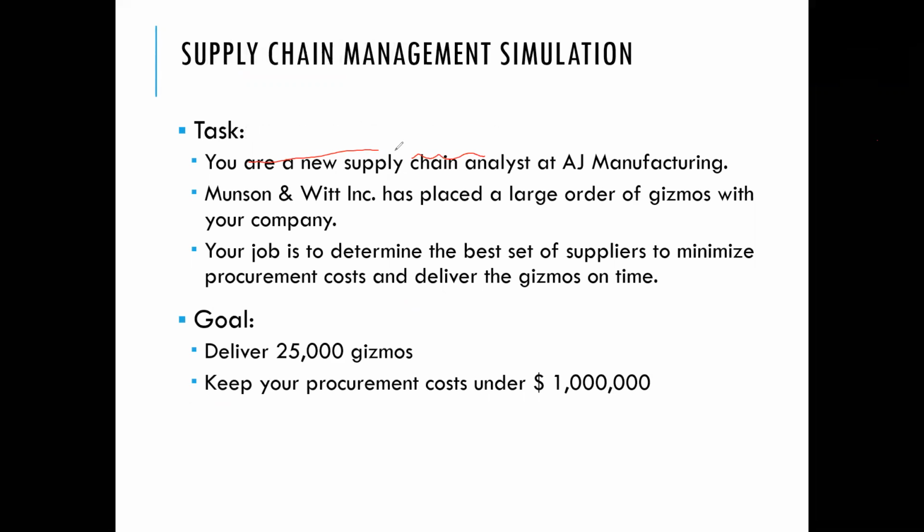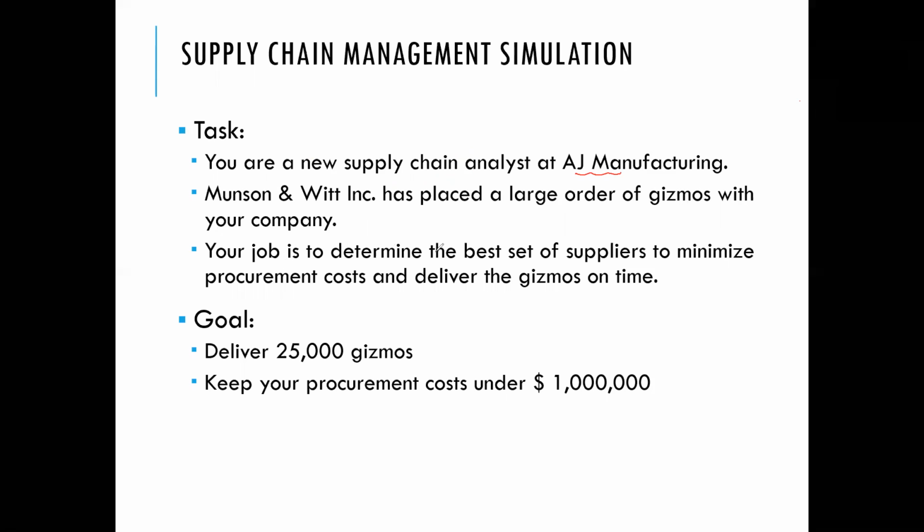So what is the task? In this simulation, you are in the role of a supply chain analyst, and you work for this company, which is AJ Manufacturing. One of your customers is this organization, Munson and Witt, and they have placed a large order of gizmos with your company.